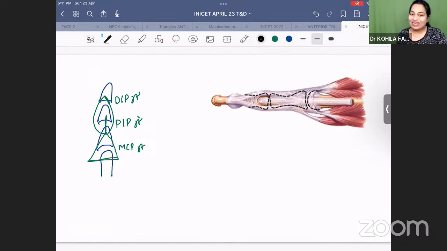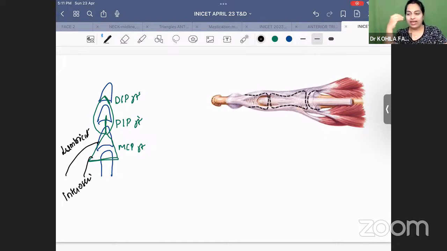Now, into this extensor expansion, we will receive two muscles inserting. One will be your lumbrical, and the other is going to be the interossei. So what is the nerve that is going to cause extension of your elbow, extension of the wrist joint, extension of the metacarpophalangeal joint? All that is under the influence of which nerve?